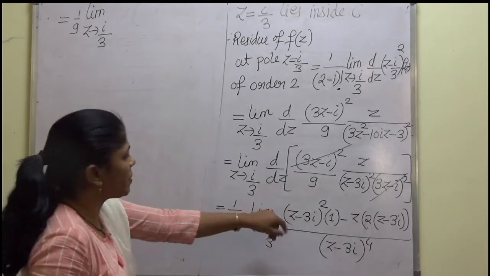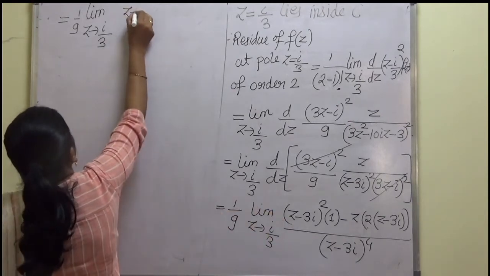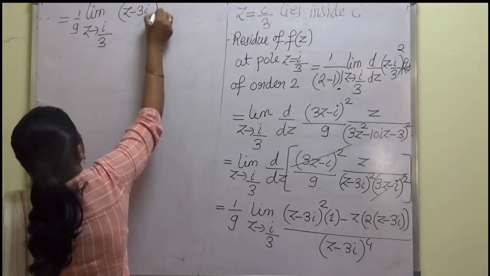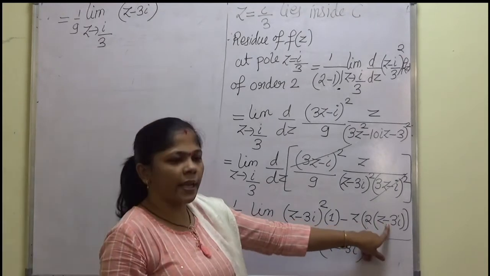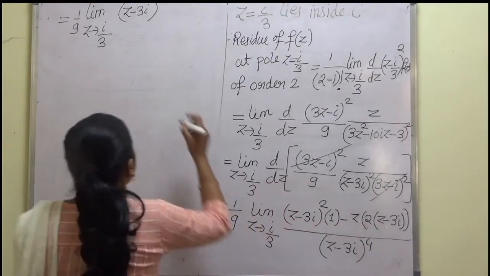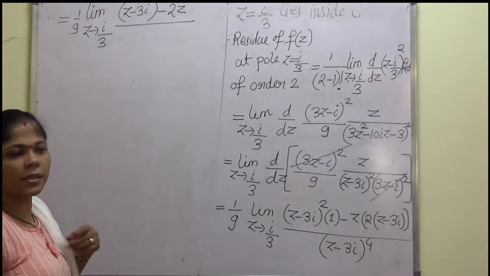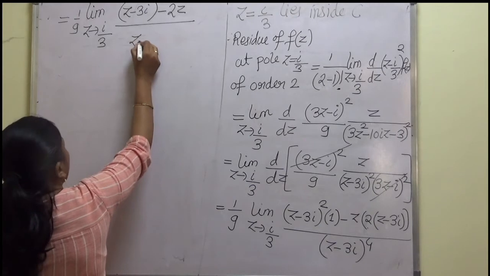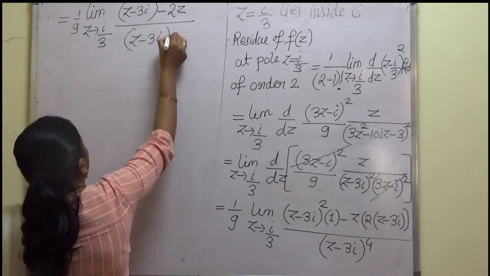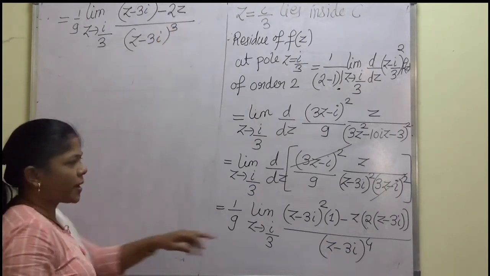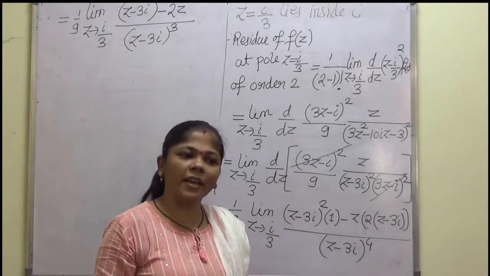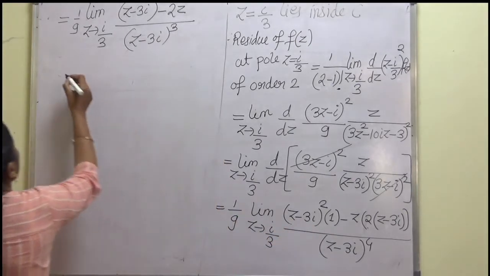So z minus 3i is left in the numerator in the first term. Now this gets cancelled. What we have is minus 2z, then (z minus 3i) to the power 3, as one term of (z minus 3i) will get cancelled.